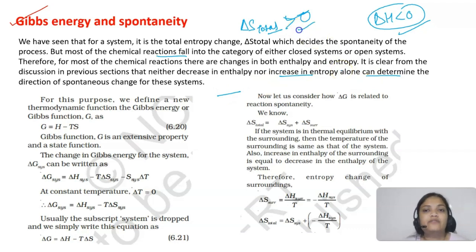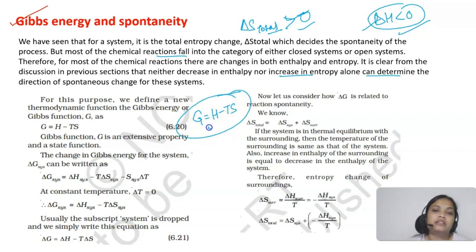So neither decrease in enthalpy nor increase in entropy can determine the direction of spontaneous change. So we have to combine both of these, and we have made another quantity which is Gibbs function, which is H minus TS. It's an extensive property, keep that in mind, depends on the amount of the substance, and it's a state function.